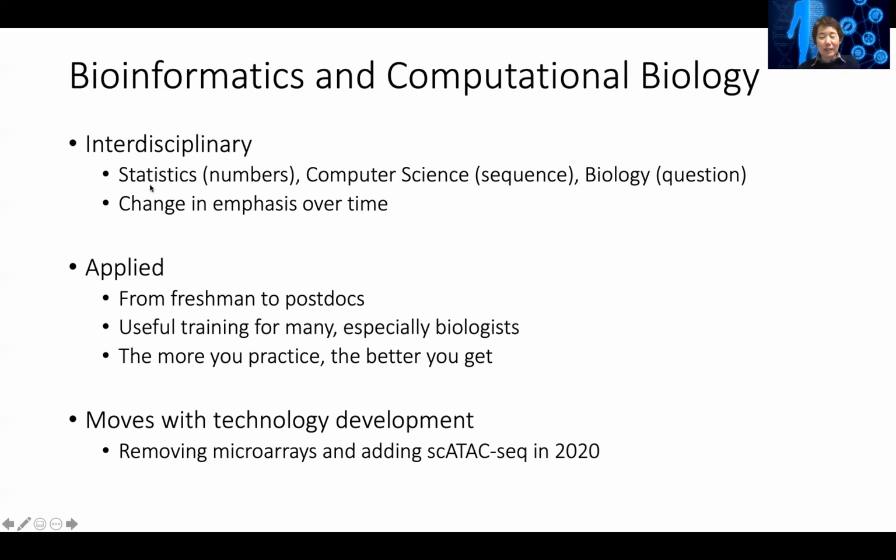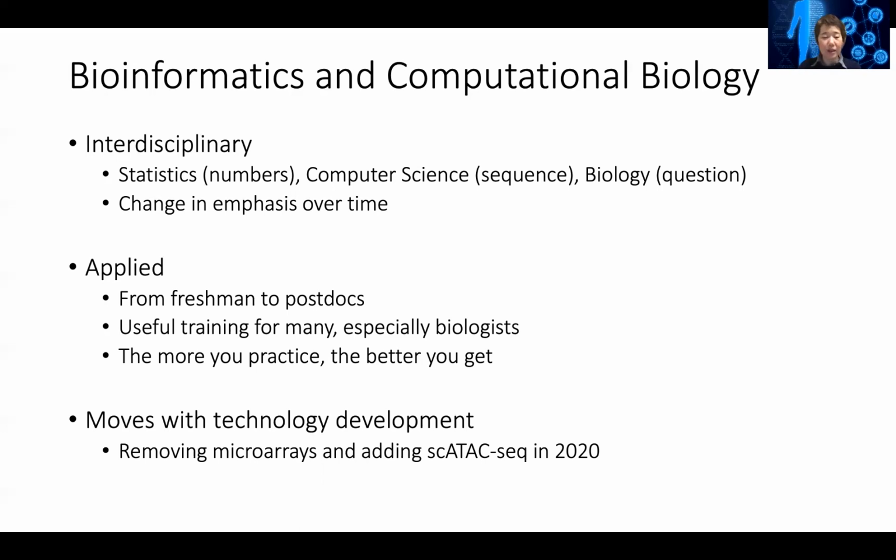And then after these statistical questions are solved, and then later on in the integration, there are additional, of course, both engineering and statistical challenges, but the bigger question is what biological question we're interested in answering. And so you have to really look at enough public data, use solid CS and statistics or machine learning, but then really answer a good solid biological question. And so you can see the emphasis really changes over time. This is a very applied field.